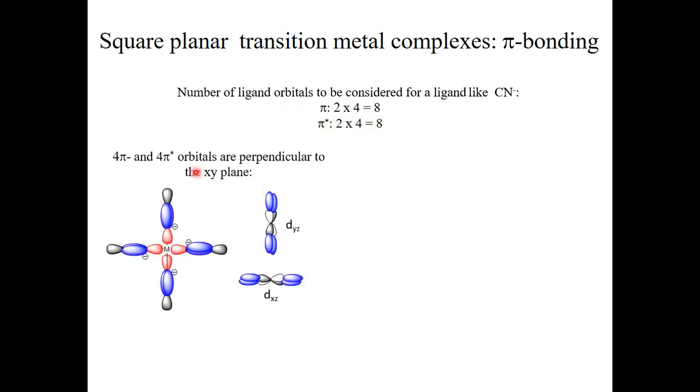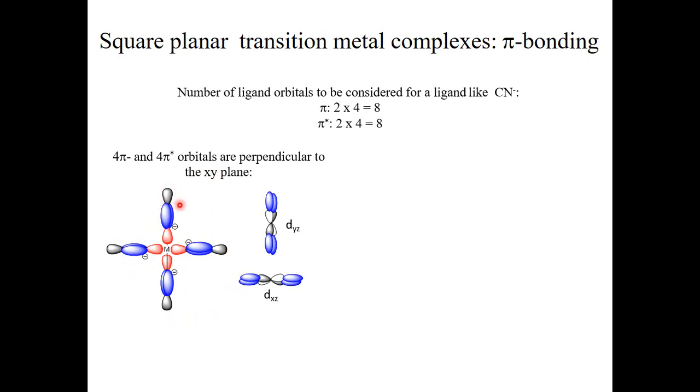like I said before, we need to distinguish between pi orbitals that are perpendicular to the xy plane and pi orbitals that are parallel to the xy plane. So we see here the square planar complex within the xy plane, and you see here the pi orbitals that are perpendicular to the xy plane.